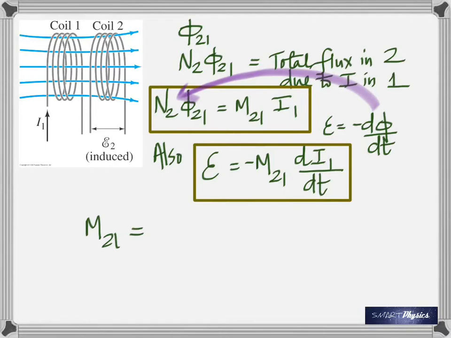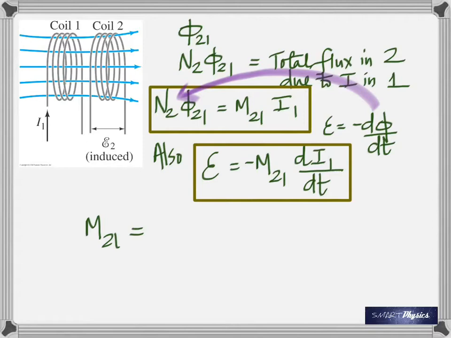Now, if you write this the other way around, let's suppose that there was a current flowing through coil 2. Wouldn't the same thing happen with coil 1? Just switch. Imagine that a current is flowing through coil 2, and then there's going to be an induced EMF in coil 1. But from your logic, can you tell me, will the constants be the same or different when you switch?